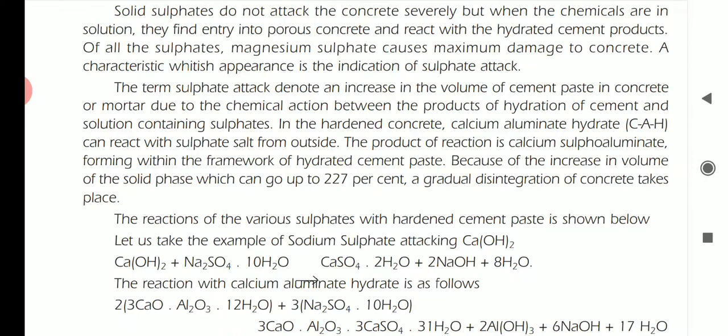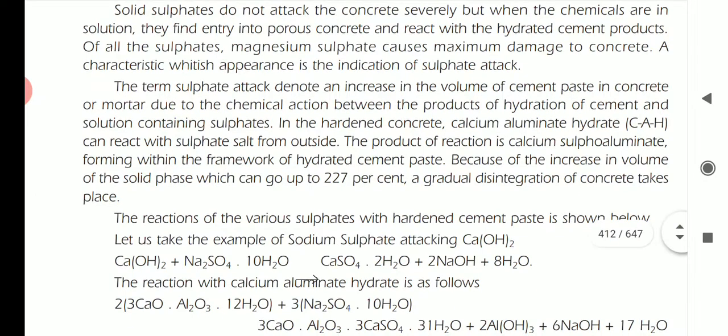In the hardened concrete, the calcium aluminate hydrate can react with the sulfate salt from the outside. The product of reaction is calcium sulfoaluminate, forming within the framework of the hydrated cement paste. Because of the increase in volume of the solid phase, which can go up to 227%, a gradual disintegration of concrete, with cracks, will take place.